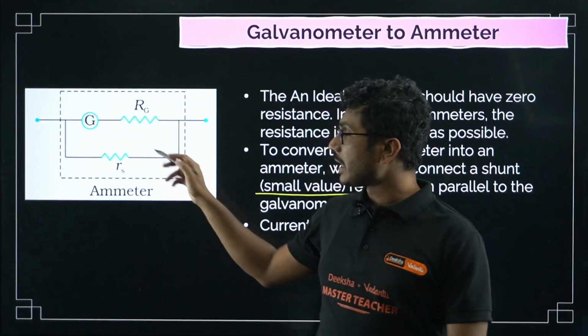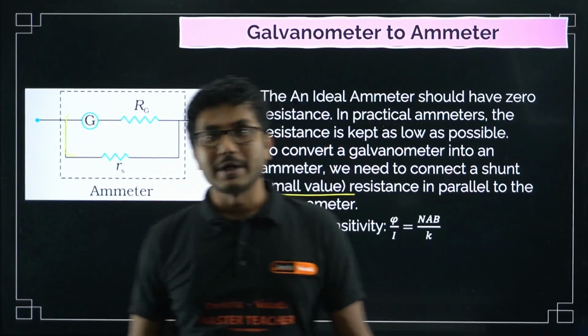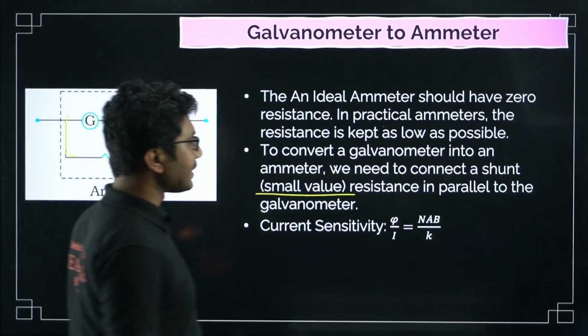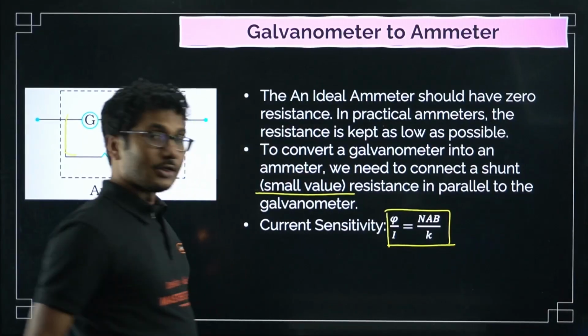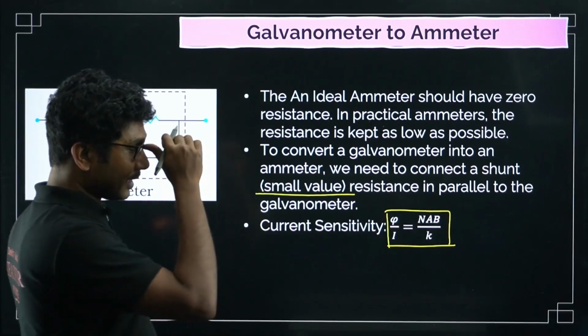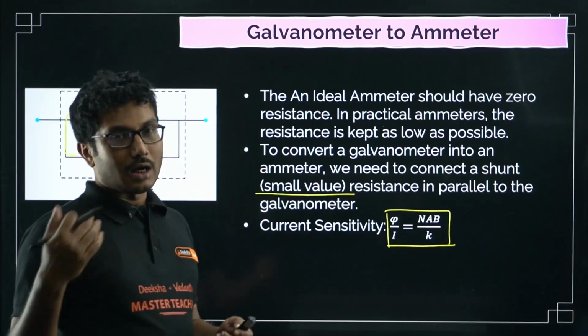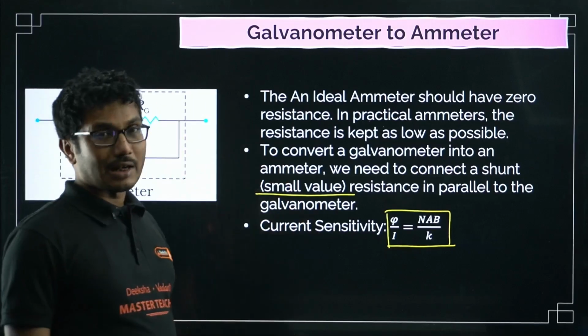Most of the current passes through the resistance and a very small amount of current passes through the galvanometer. The current sensitivity of an ammeter is given by phi by I, so it will be NAB by K. It is the same formula that we have learned, the galvanometer constant, so current sensitivity is exactly equal to the galvanometer constant. This is how you can convert a galvanometer into an ammeter.